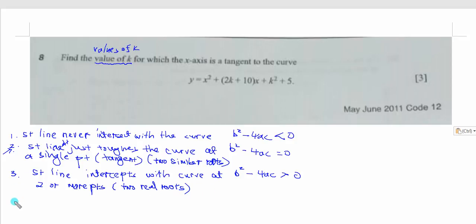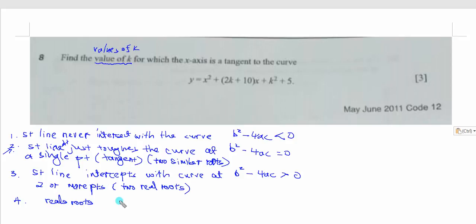Another occasion is sometimes the question asks there could be real roots. The question says real roots. We never say whether it's two or one real root, or two similar roots.